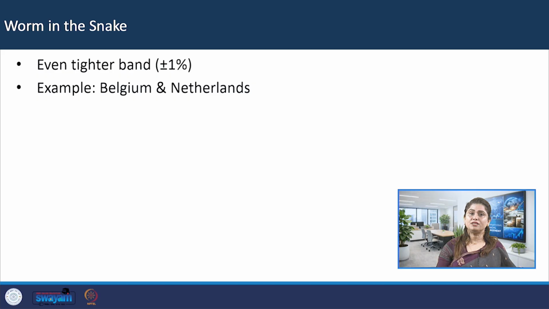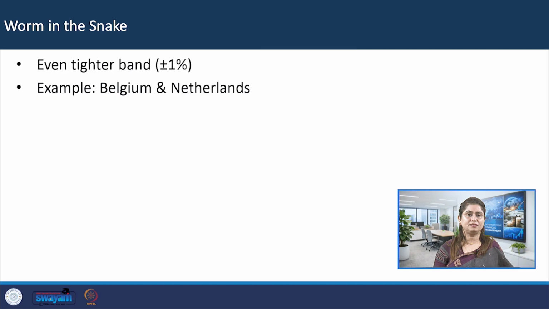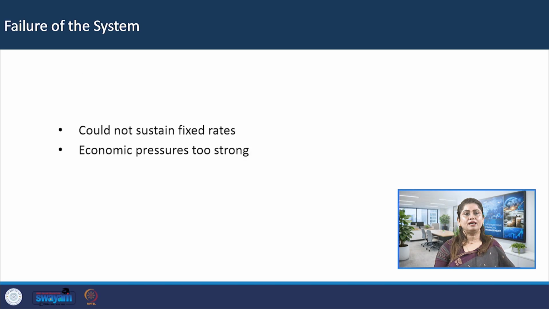While some countries like Belgium and Netherlands went even further, they tried to keep their currencies even more closely aligned with themselves. Like we can see here, this is sometimes informally described as the worm in the snake. Now, so we have three layers: tunnel, snake, and worm.